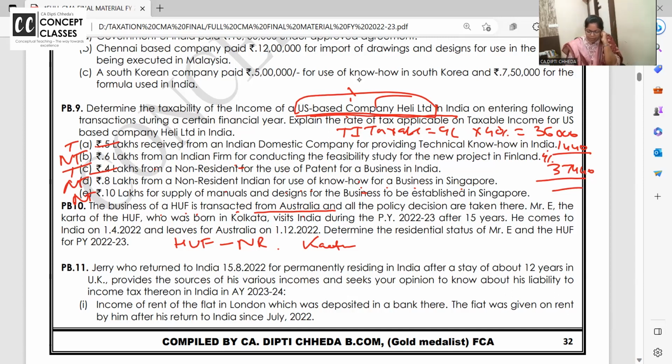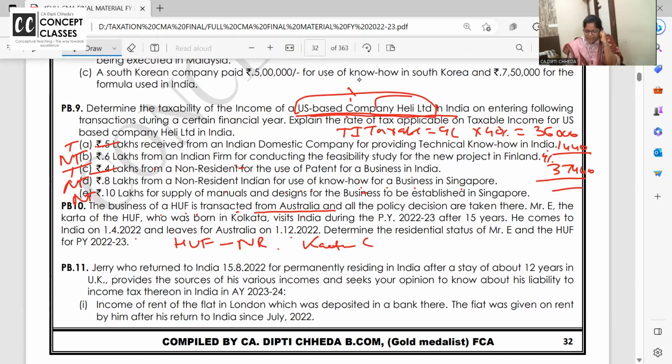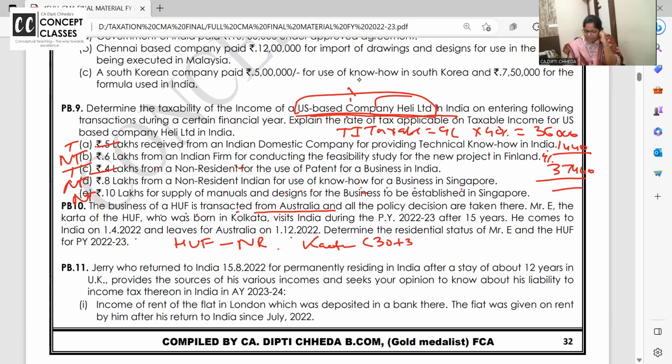Karta is in India from 1st April to 1st December. So can we calculate how many days he is in India? Like 30 days of April, 31 days. Can we put it in the calculator?